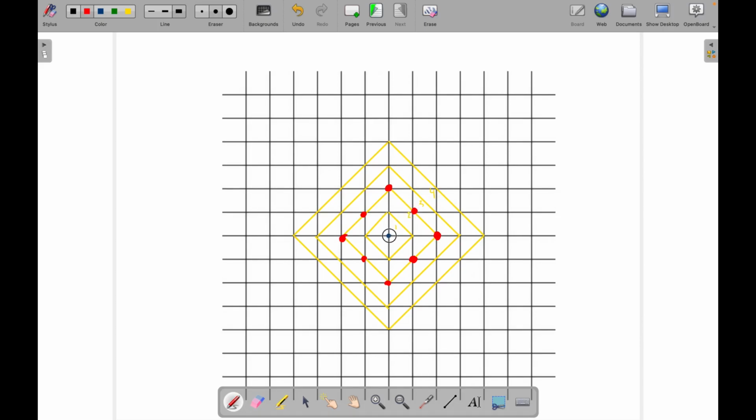And then I'm going to want to place 1 dot in the center. This will give me 9 dots. So I can fit 4 dots into 1. I can fit 9 dots into 2, right? That's good, okay. And I'm going to erase that for a sec.